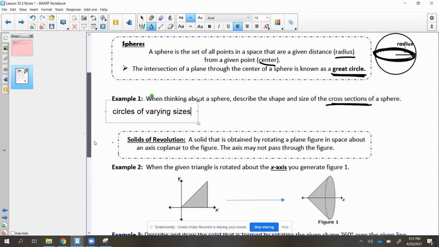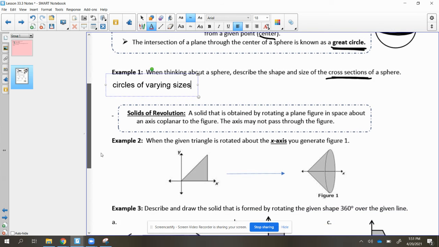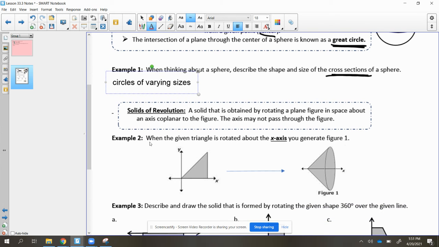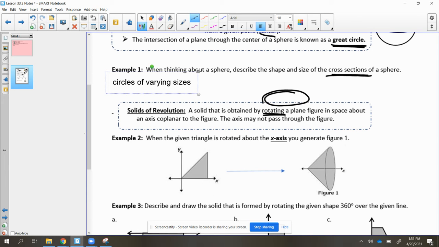Now, we also want to take a moment, besides talking about spheres, to talk about solids of revolution in general. A solid is obtained by rotating a plane figure in space around an axis, and this may not pass through another figure. So for example, we can create this cone, and notice this says rotating, so think circular motion, right?